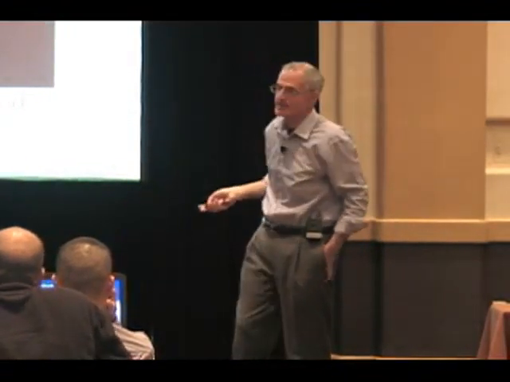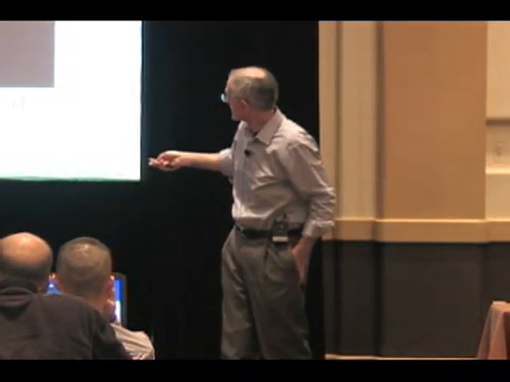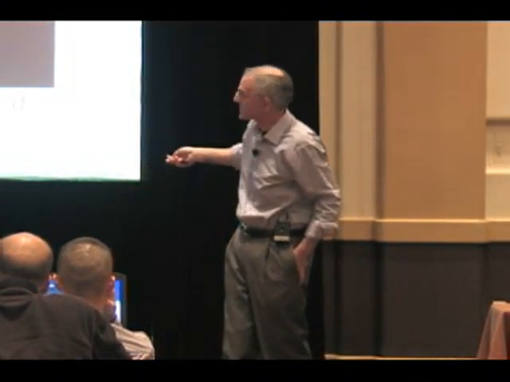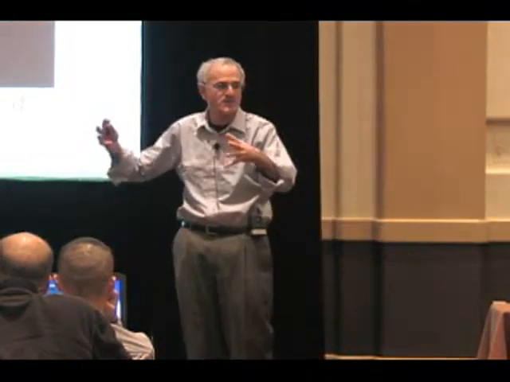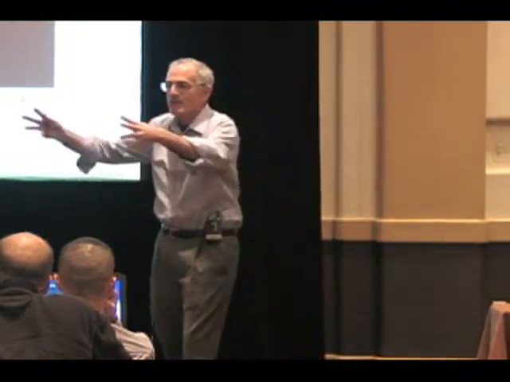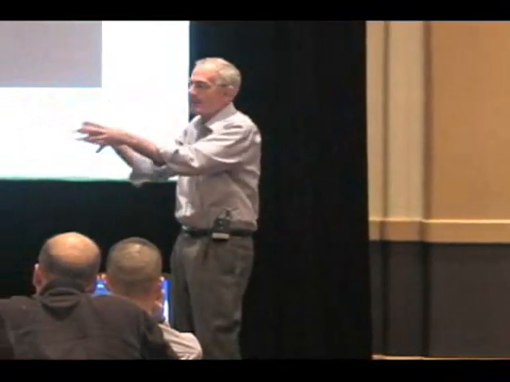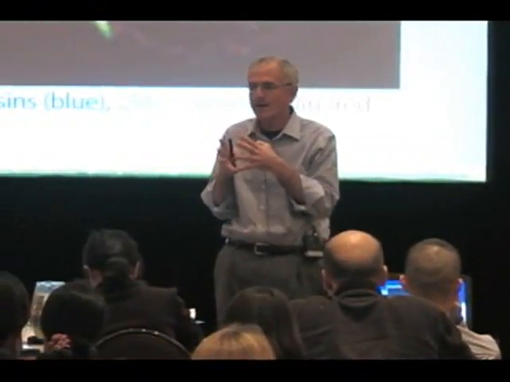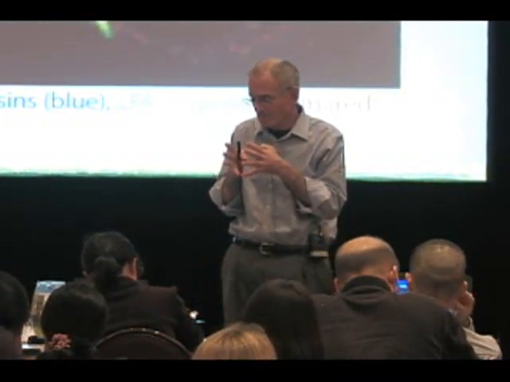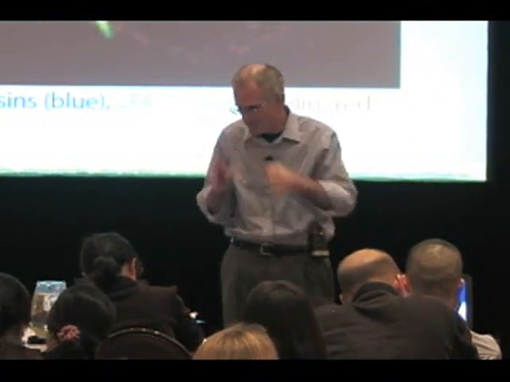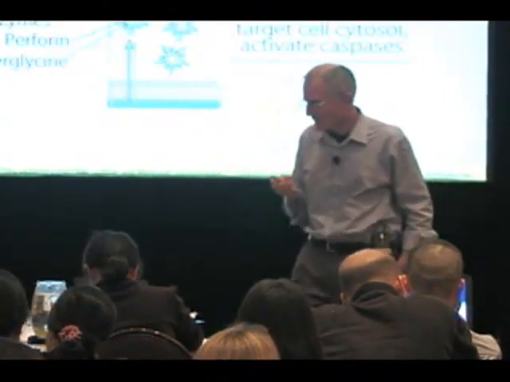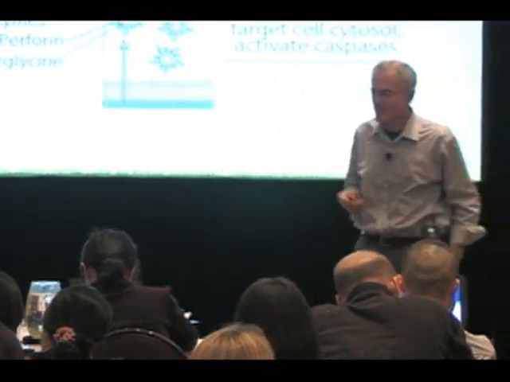And talin is a cytoskeletal element that in the CTL has, again, localized right to this site. So the whole cytoskeleton of the CTL reorganizes to bring these granules to this one particular place and release them at that one site. So it's a very unique and careful and clean way of killing a target. It's truly a cruise missile targeting a particular site with no collateral damage, like cruise missiles never have.